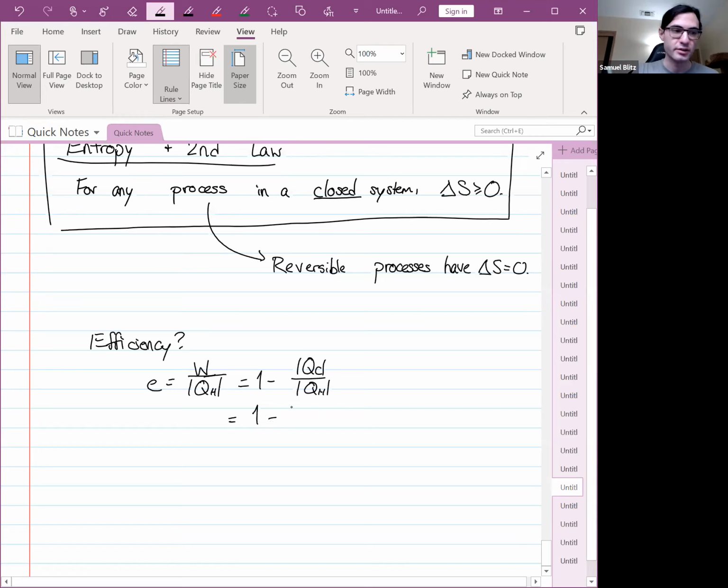So this is 1 minus Tc divided by Th times the ratio of the changes in entropy, delta Sc divided by delta Sh. We're just saying that the heat flowing out of the hot reservoir is equal to the temperature of the hot reservoir times the change in entropy of that reservoir. And the same thing is true for the cold reservoir.